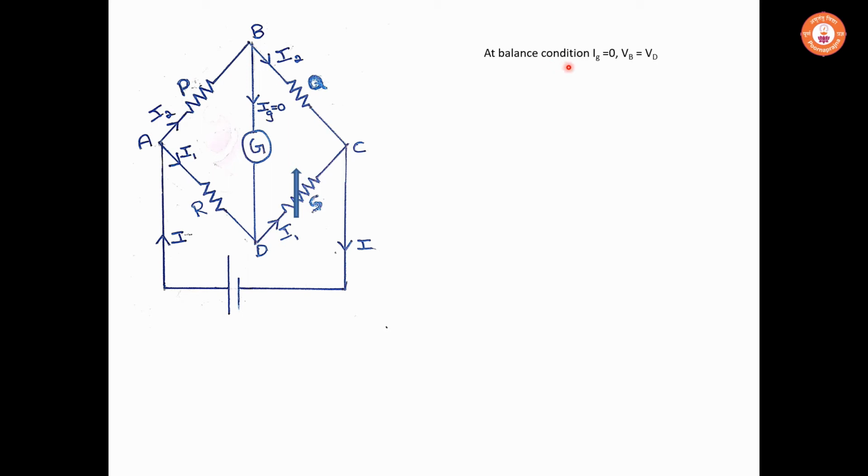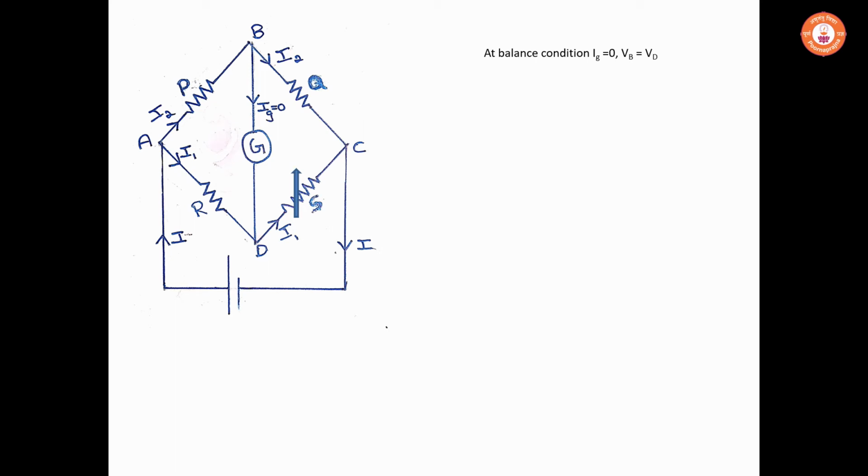So at balanced condition, the current through this terminal is 0 and the potential at B and D are the same. At this point, the voltage drop at AB is equal to the voltage drop at AD. Similarly, the voltage drop at BC is equal to the voltage drop at CD.